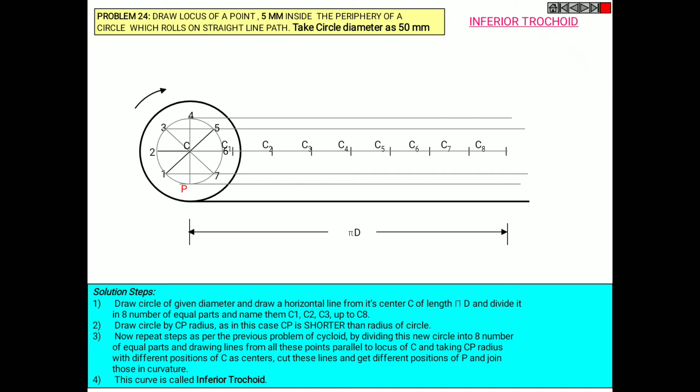Now taking C to P as a measurement in your compass, mark the points from C, C1, C2 and so on up to C8 without disturbing your compass. Firstly from C, points at P and C1 on the horizontal line 1, C2 on 2, C3 on 3, C4 on 4, C5 on 5th line, C6 on 6th line, C7 on 7th, C8 on 8th, nothing but P.